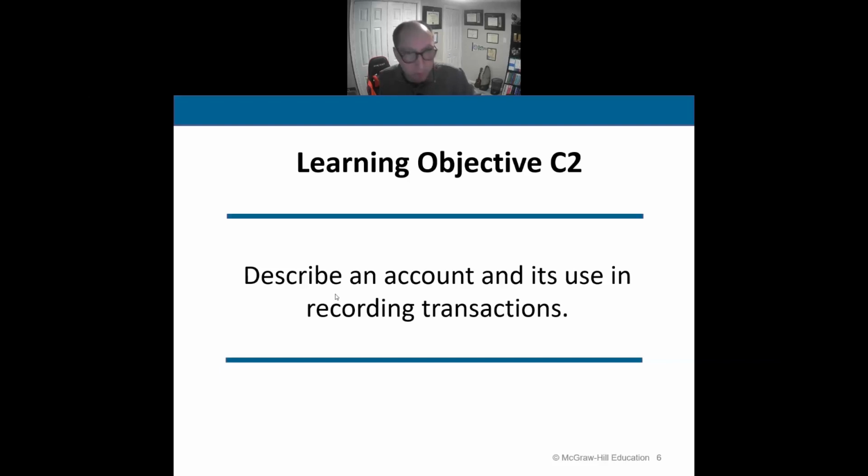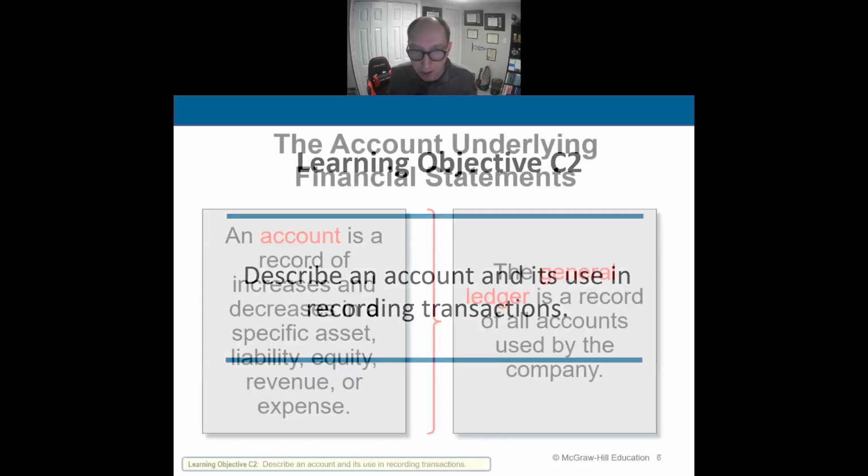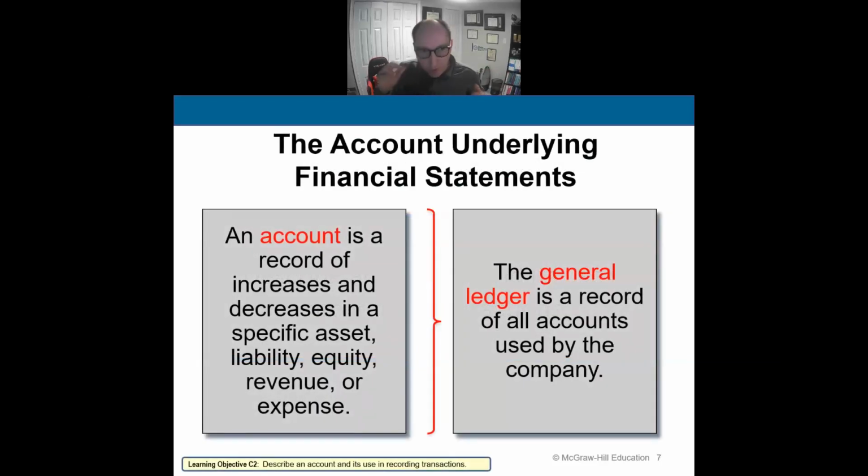So let's break it down to the smallest detail, and we'll talk about what is an account. An account is a record of an increase or decrease to an asset, liability, equity, revenue, or expense. Think of an account based on what we call the chart of accounts.